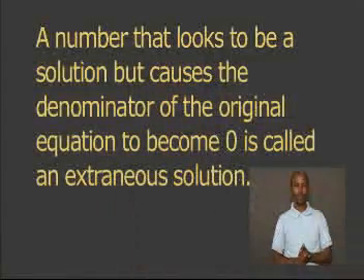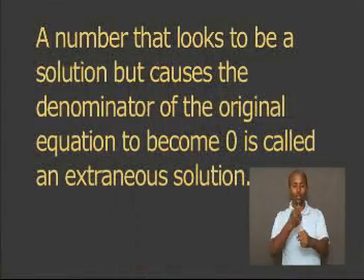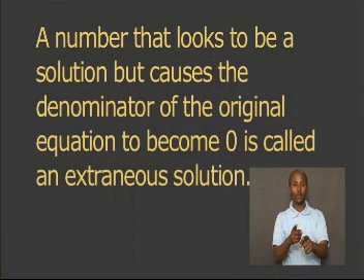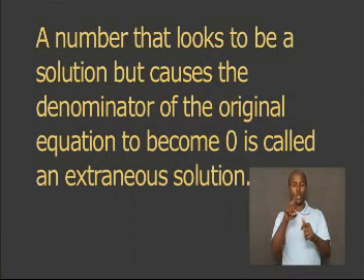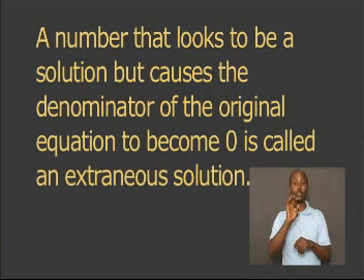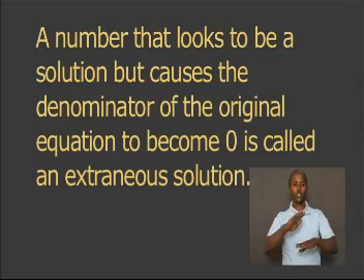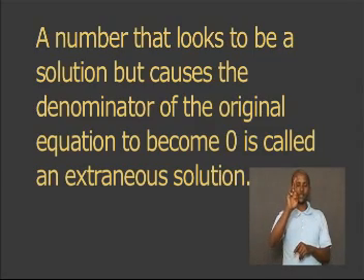It is important to remember that the values that cause the denominator to become 0 cannot be solutions to the equation. A number that looks like a solution but causes the denominator of the original equation to become 0 is called an extraneous solution.